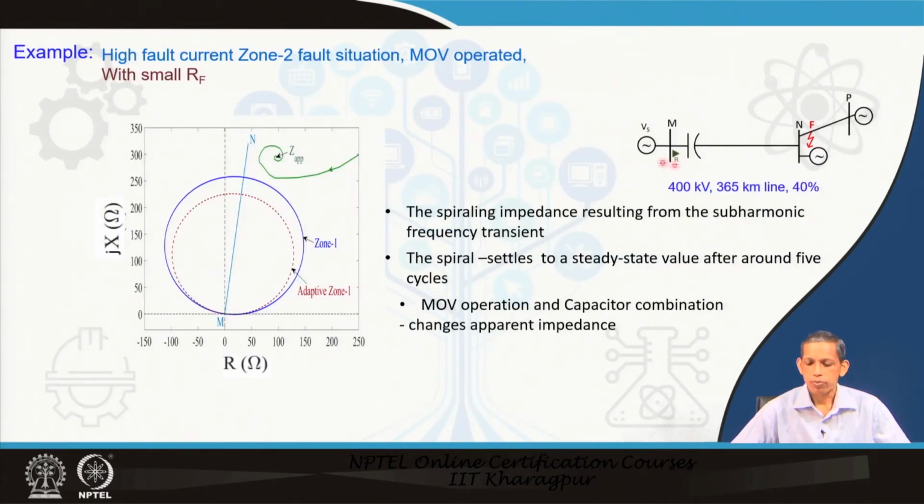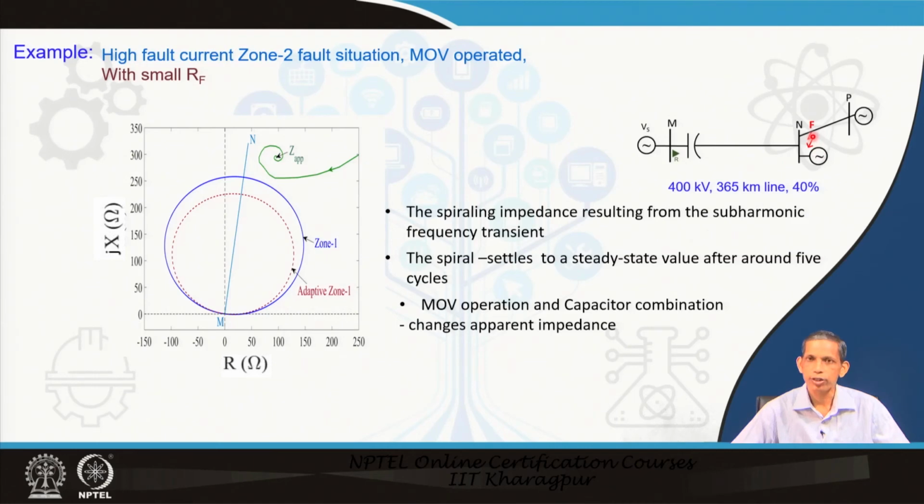Now, let us see an example for a 400 kV, 365 kilometer system, with 40% compensation at the local end of the bus M, only one series capacitor. We take fault resistance RF, small RF, and then we see what happens to the zone apparent impedance for the phase A to ground fault case. So, we observe that this is about the zone 1 setting, the normal setting for the line, the blue curve.